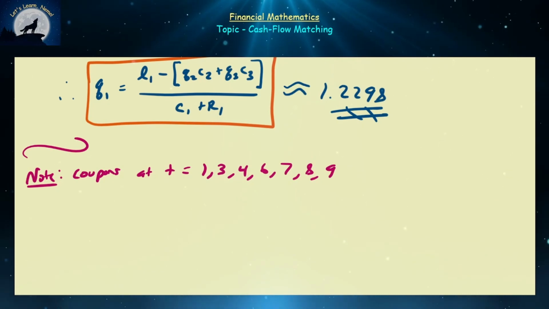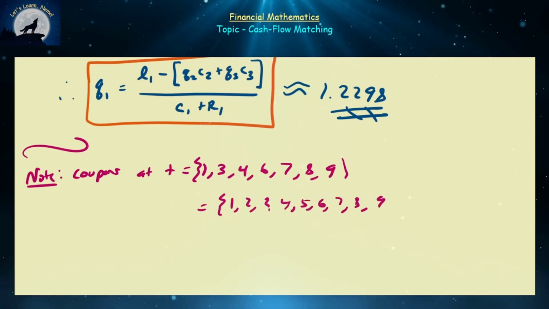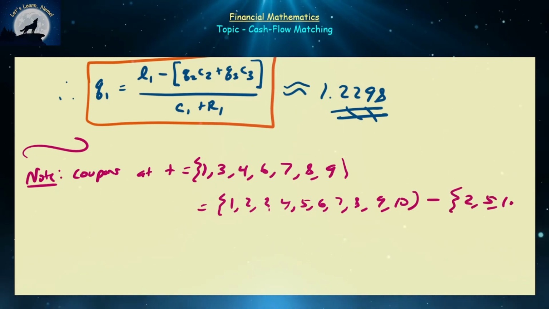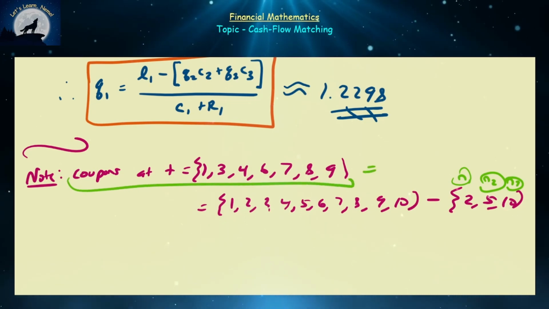Which, keep in mind, is the set of all numbers from 1, 2, 3, 4, 5, 6, 7, 8, 9, and 10, except for 2, 5, and 10, which are the maturity dates N1, N2, and N3 for our liabilities. We didn't do anything with those coupons in these calculations, so what exactly are these coupons going to be equal to?